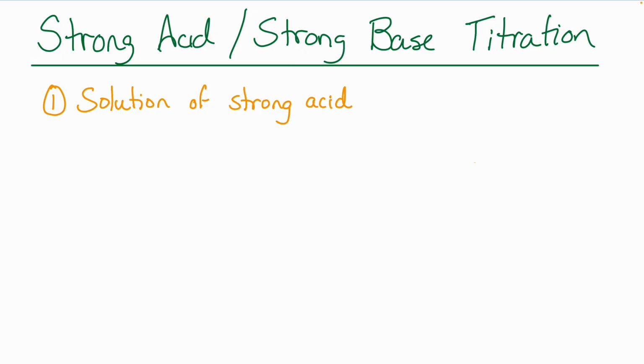Do we know how to calculate the pH of a solution of strong acid? All right, so that's exactly what we're going to do for this particular point in our titration. We'll calculate our pH of our strong acid solution.